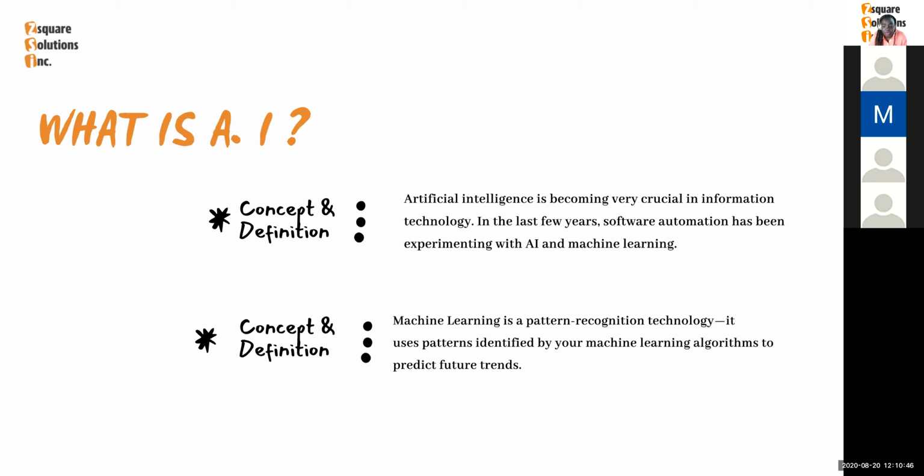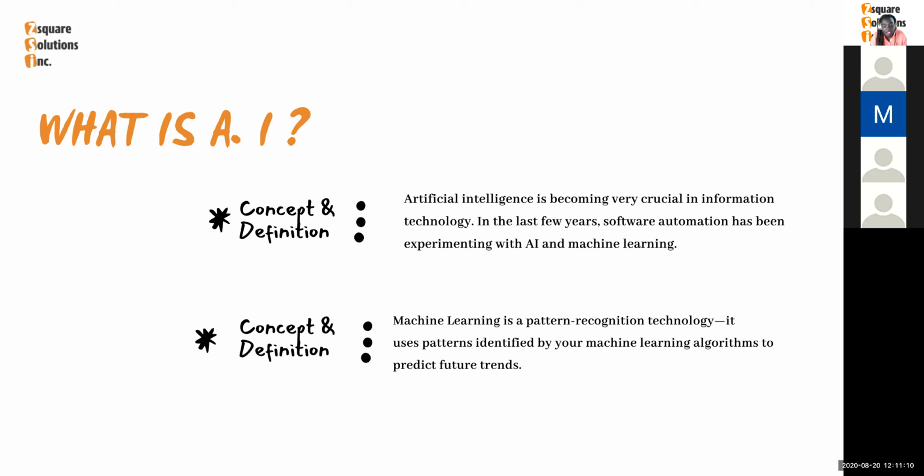So AI has been very crucial in IT technology, and it's just in the last few years that software automation has been experimenting with AI and machine learning. So machine learning, in essence, is just a pattern recognition technology. It uses patterns identified by the machine learning algorithm to predict future trends.